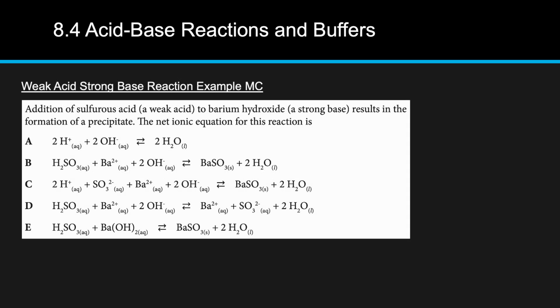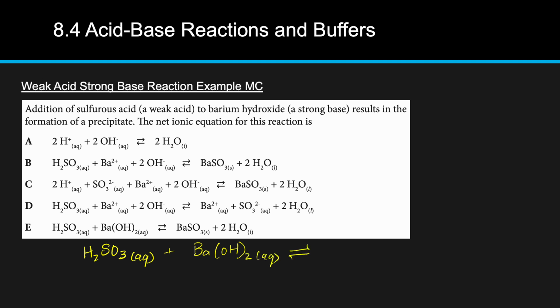All right, so now that we've gotten the content out of the way, let's go ahead and do some practice problems. The first one says addition of sulfurous acid, which is hydrogen paired with sulfite, SO3 2 minus. That's why we need 2 hydrogens. So sulfurous acid reacts with barium hydroxide, so that's Ba(OH)2.